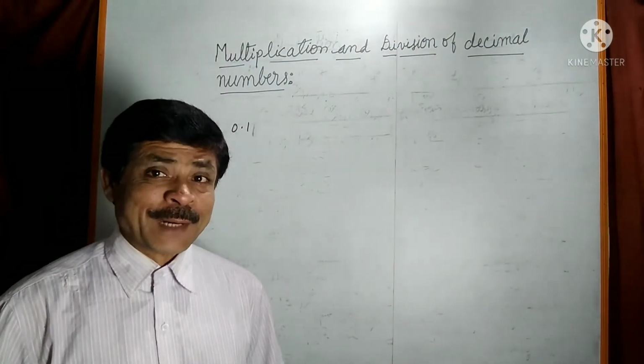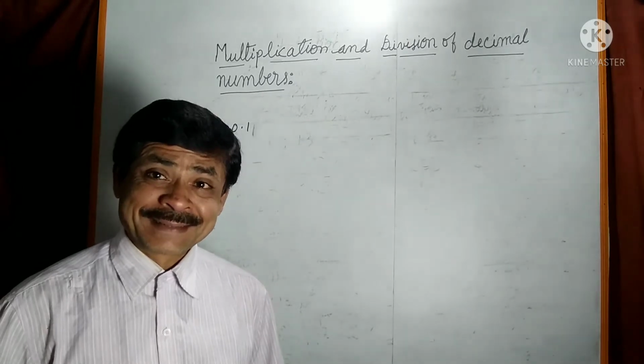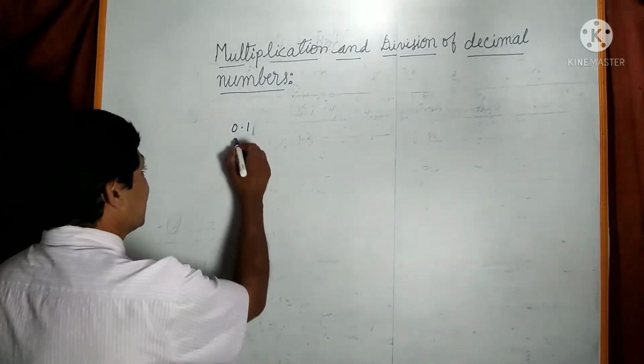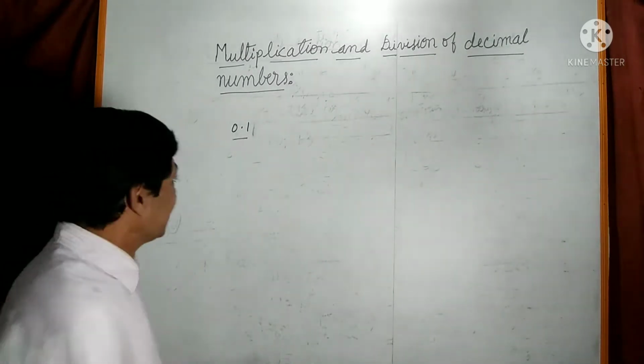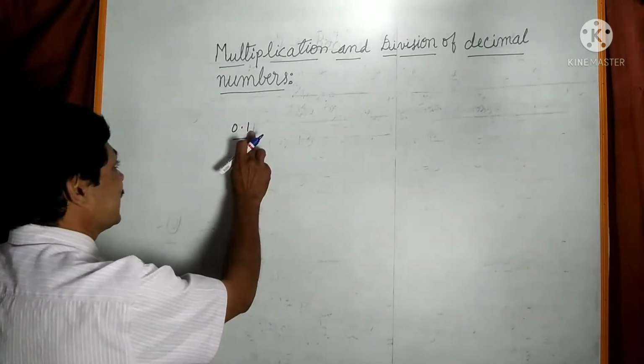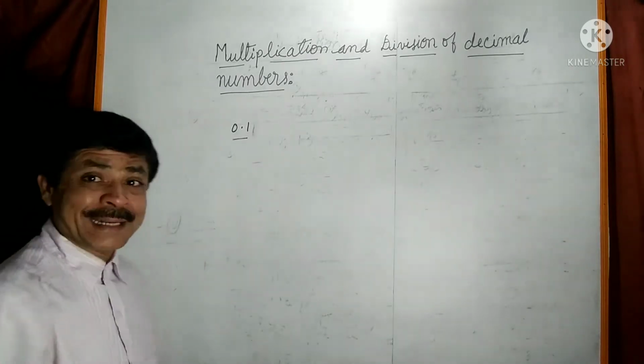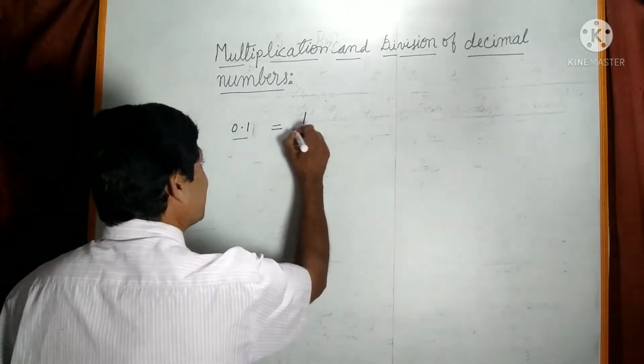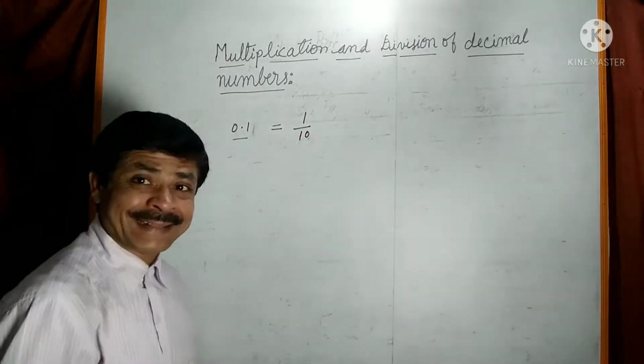Before we start multiplication of decimal numbers, we should know some basics. Now, let us take 0.1. Here, there is one digit to the right of the decimal point, and this can be written in fraction as 1 by 10.